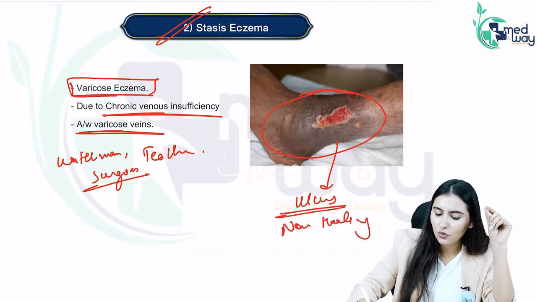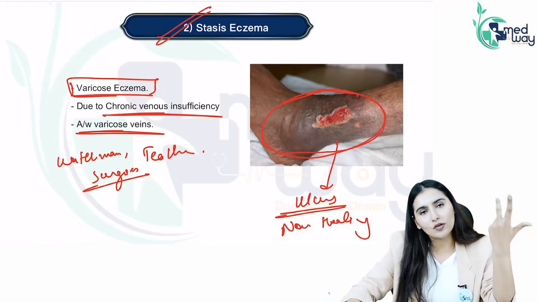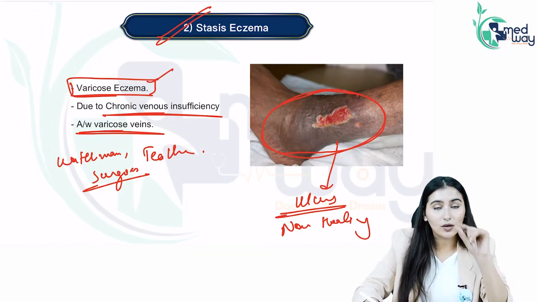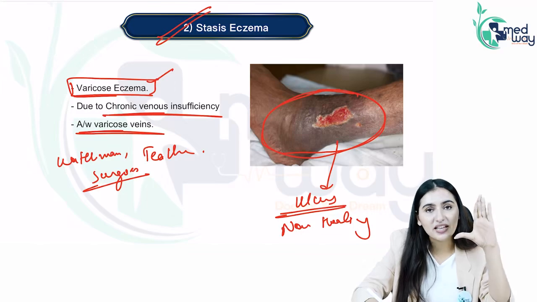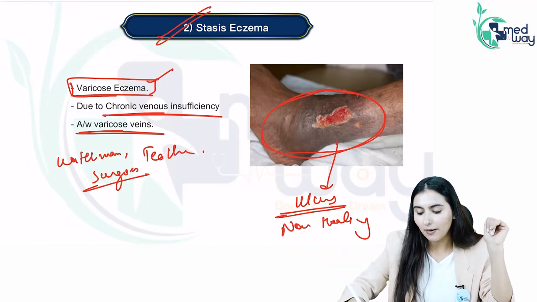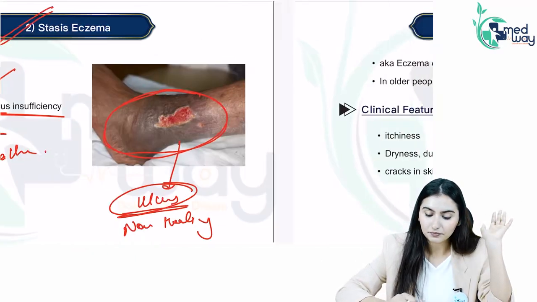And you have to examine the patient for varicose veins. In the popliteal fossa, you will find varicose veins also. Okay, so that is why it is called varicose eczema. Because of varicose veins and venous insufficiency, they developed these non-healing ulcers. Okay, this is stasis eczema.